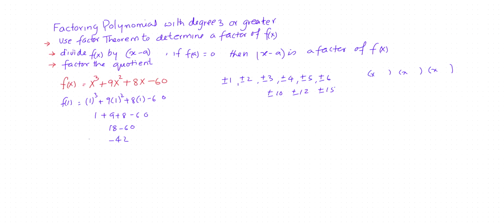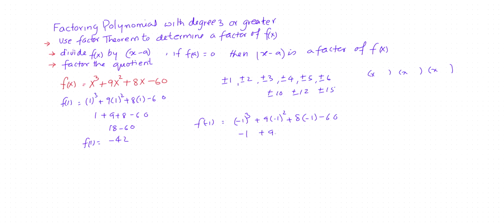Now we'll try negative 1. Okay, so f of minus 1 we try. Negative 1 cubed plus 9 times negative 1 squared plus 8 times negative 1 minus 60. So again you get here negative 1 plus 9 minus 8 minus 60.